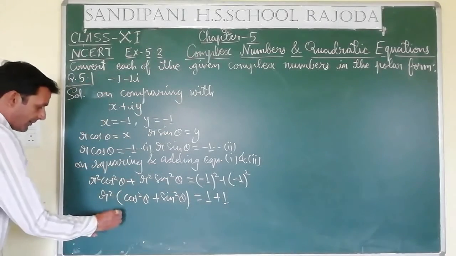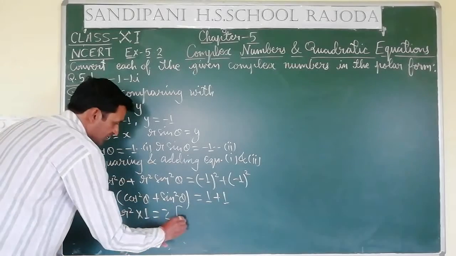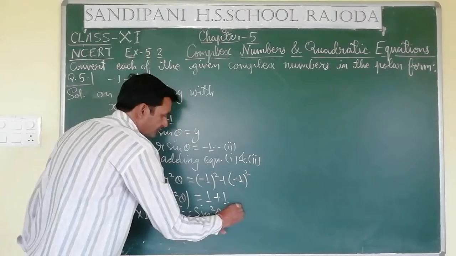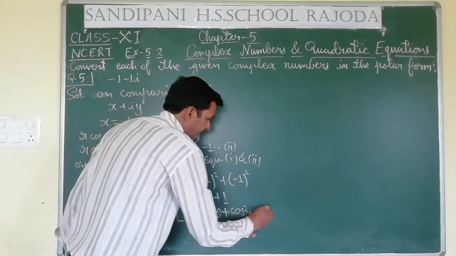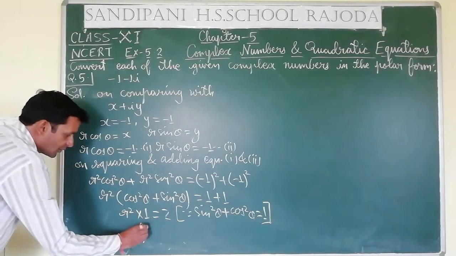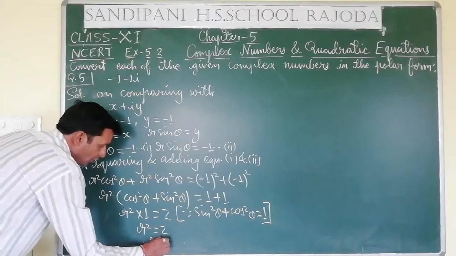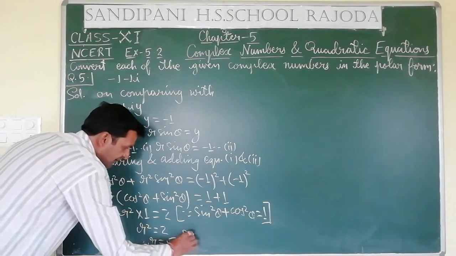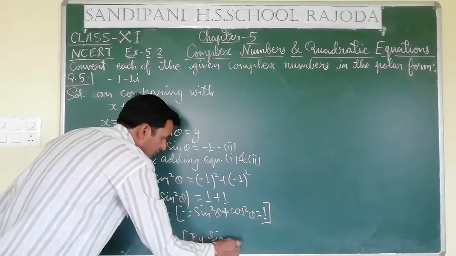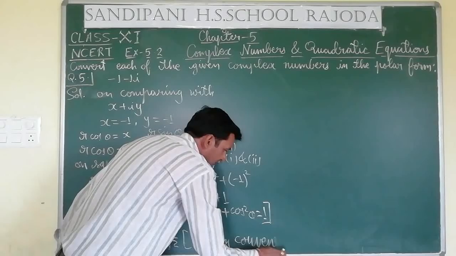So now this will become r square into 1 is equal to 2, because sin square theta plus cos square theta is equal to 1. So what we may write here, r square is equal to 2 and r is equal to √2 by sign convention rule, because we have to take here positive value only.